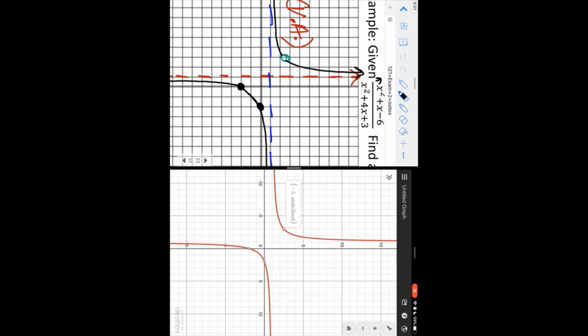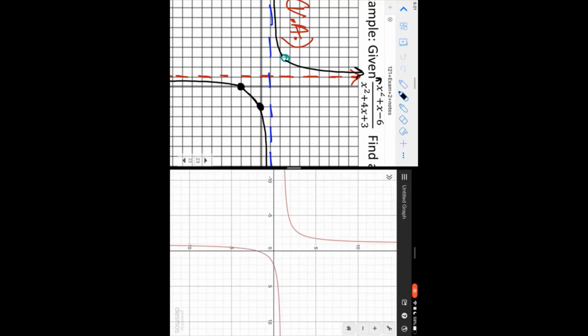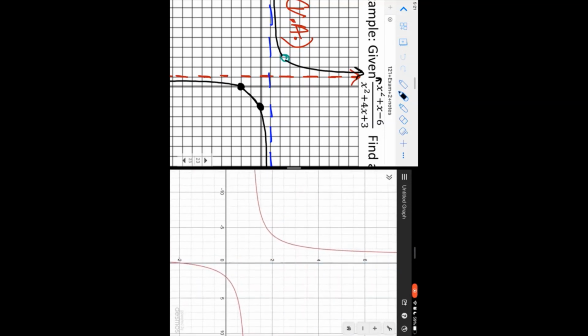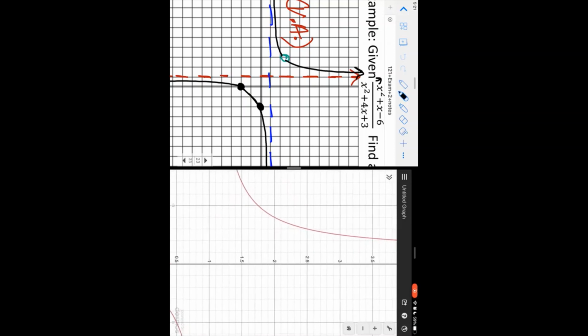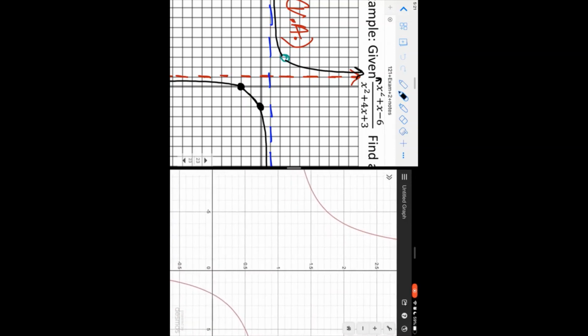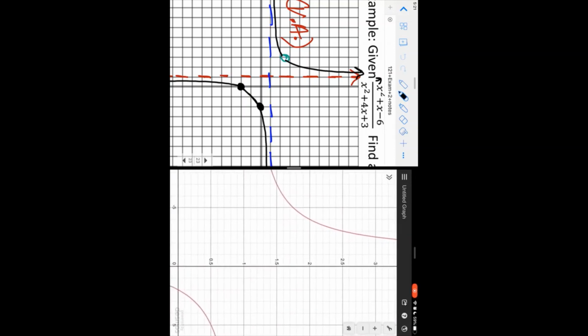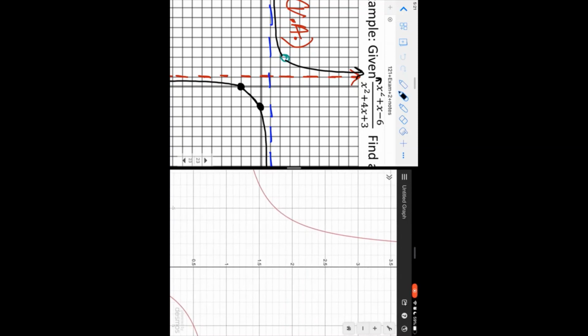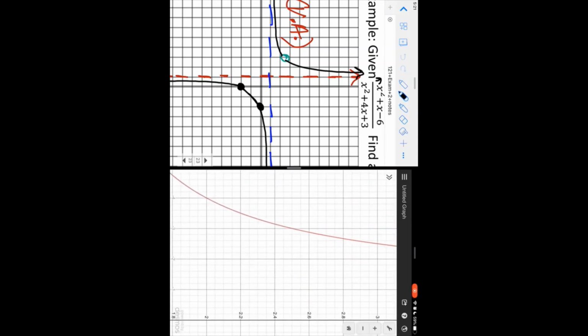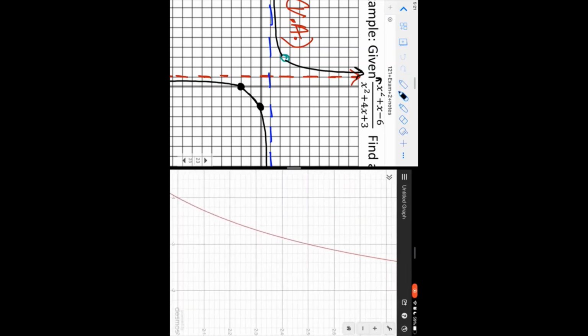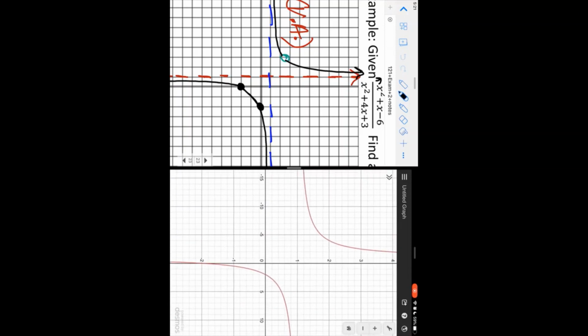But everything else it does give you, but that undefined, or again that open circle, we'd have to find algebraically, because Desmos unfortunately doesn't give it to us. And even if I were to zoom in, right there at 2, undefined, it doesn't do it.